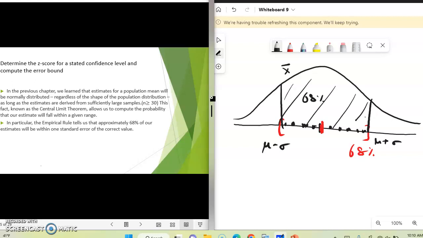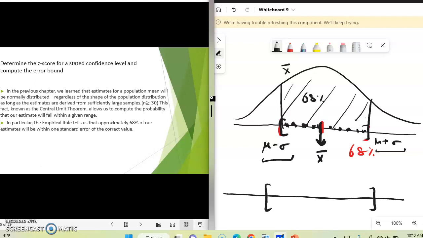So what does that mean? That means around the sample mean, if I'm trying to find an interval by subtracting one standard deviation and adding one standard deviation, you see how an interval came to us instead of a one-number estimate. If we have this interval, then 68% of the sample means will lie in between.